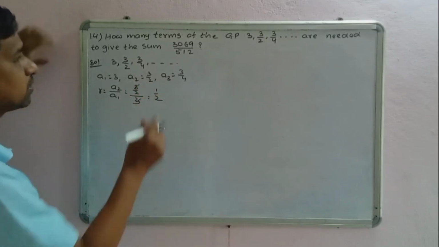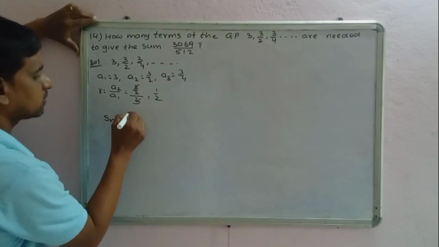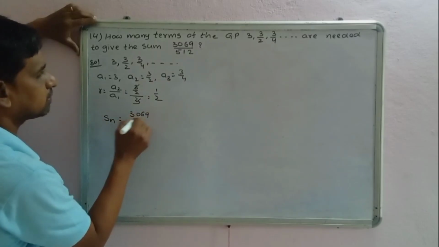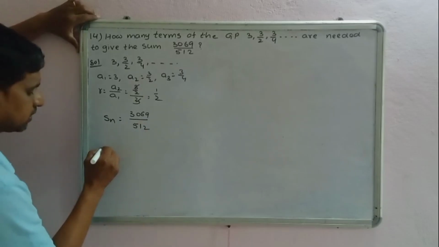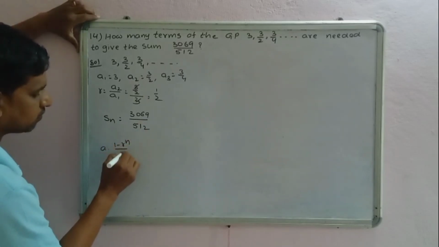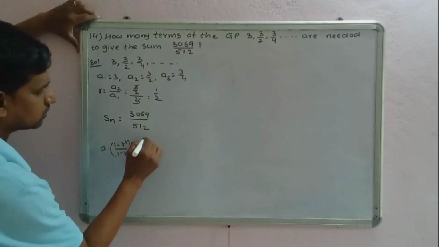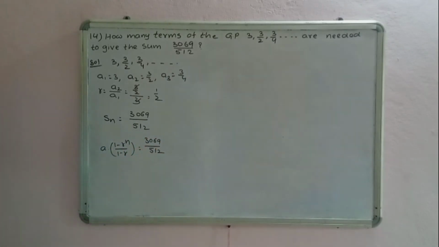Okay. Now Sn is given. So Sn equals to 3069 by 512. What is the Sn formula? Sn formula: A into 1 minus R power n by 1 minus R equals to 3069 by 512. Okay.